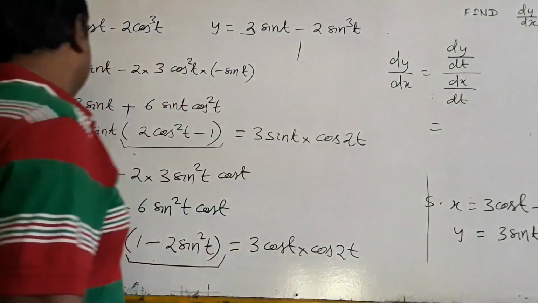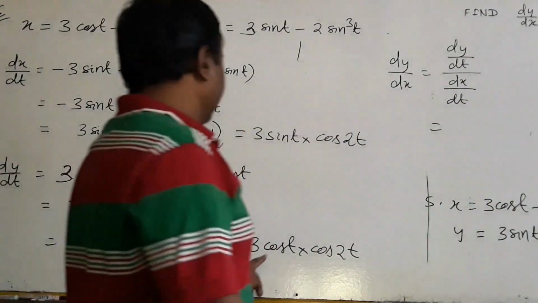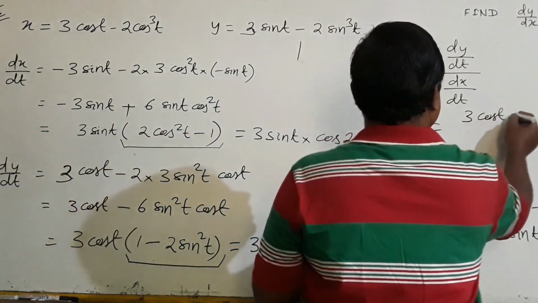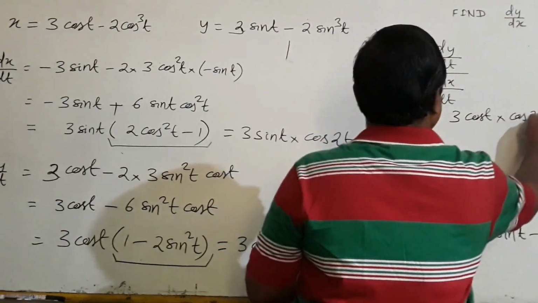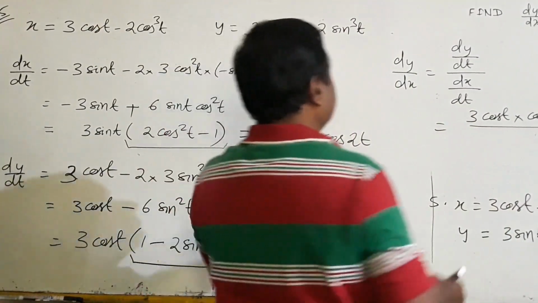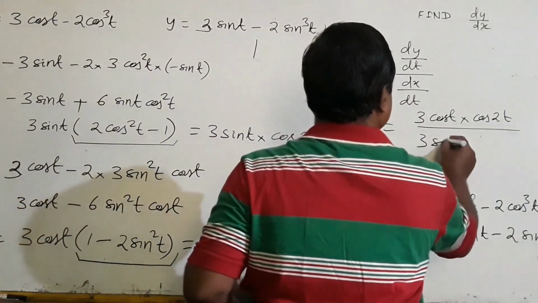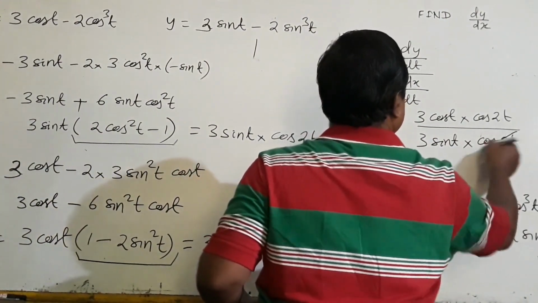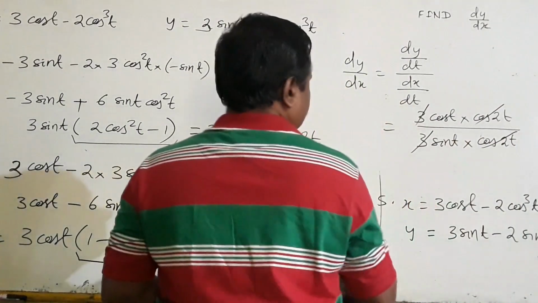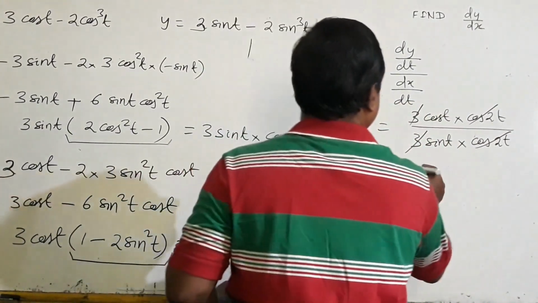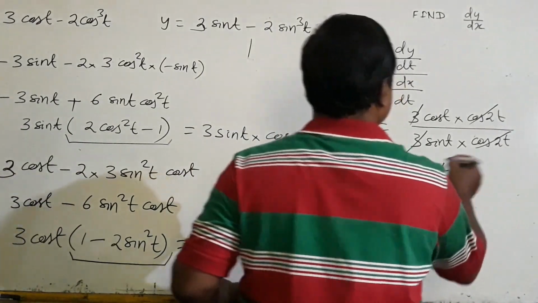Tell me. 3 cos t cos 2t, divided by 3 sin t cos 2t. Now they cancel. Next, it becomes cot t. Okay.